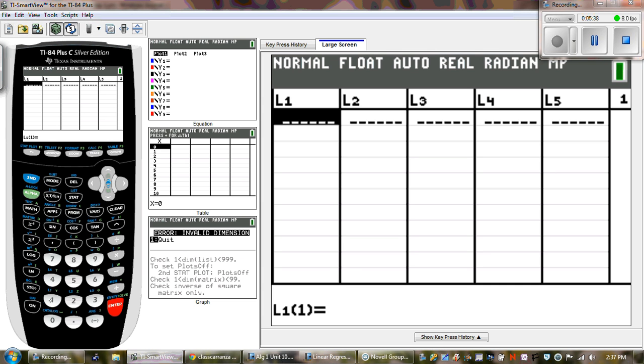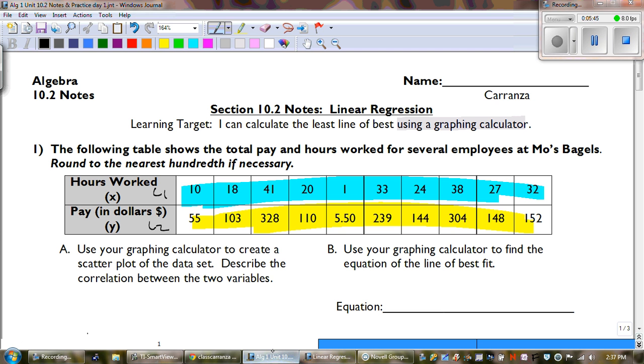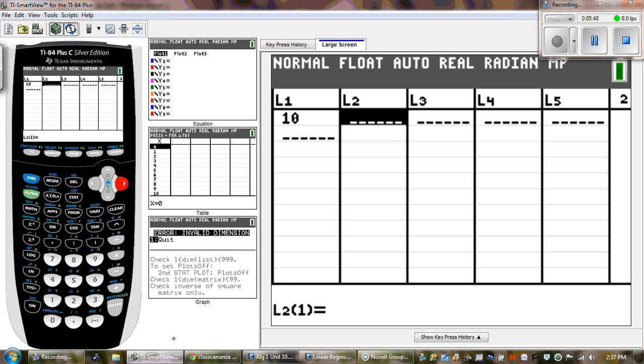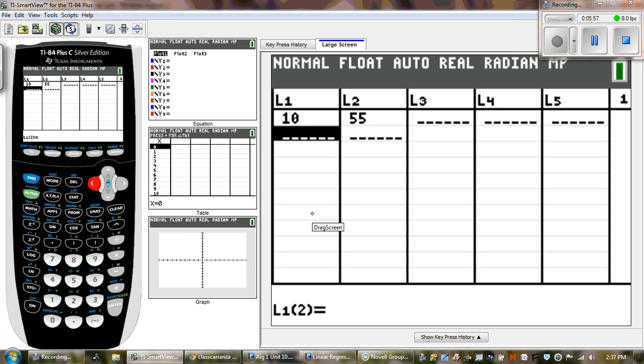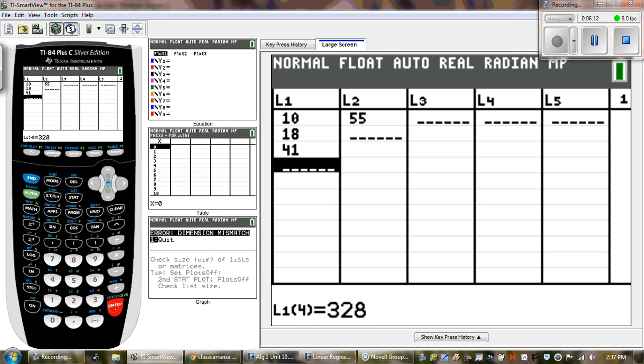The first one is 10, and 10's partner, if I'm looking at it, was 55. Now, going back and forth between the pairs can take a long time, so I'm just looking at my worksheet. So I've got 18. The next number is 41. The next number is 328.